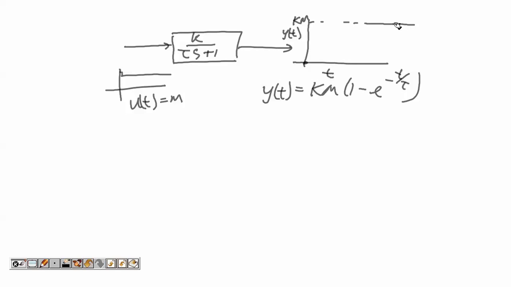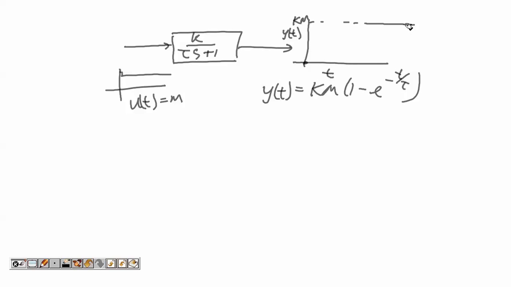Yeah. So for infinite time, the y(t) value will be km, and the transient response is between the first steady state and the second steady state.